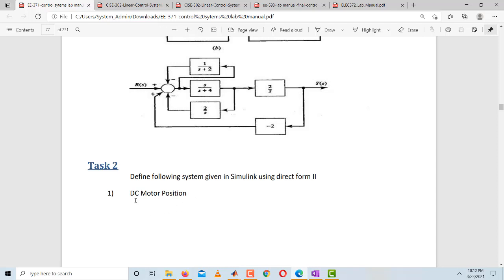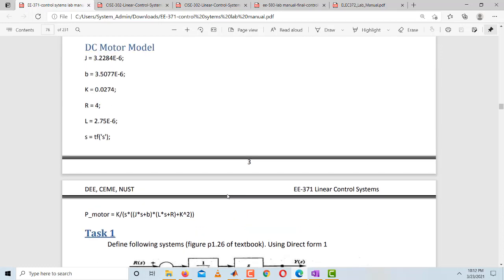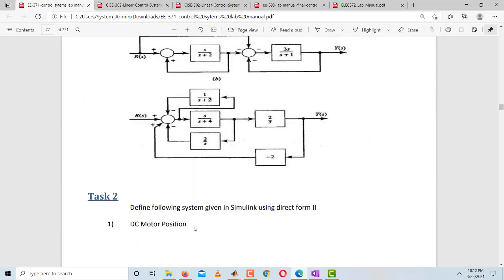For direct form 2 realization, you are required to define the DC motor position system. For the DC motor position system, the values are given. This is the transfer function, and these are the values of the coefficients and constants in this transfer function. So first feed these values, generate this transfer function, and then implement the same in Simulink using the direct form 2 realization.